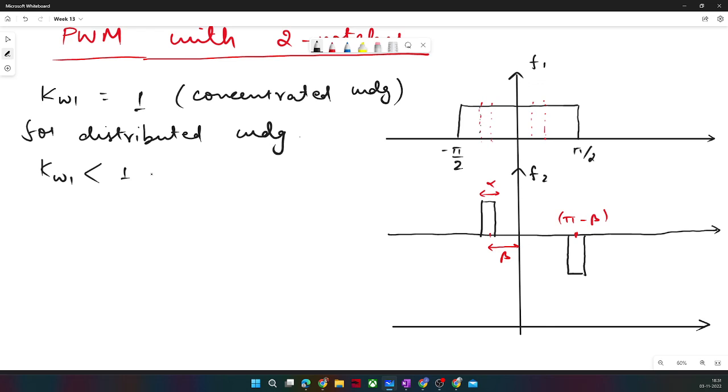Are you able to relate that concept? Yes, sir. Similarly, it is happening here also. We are trying to distribute it more uniformly so that it will not get concentrated at one place, and at the same time, its magnitude is getting reduced, whereas we are removing the harmonic component so that it is getting more sinusoidal.